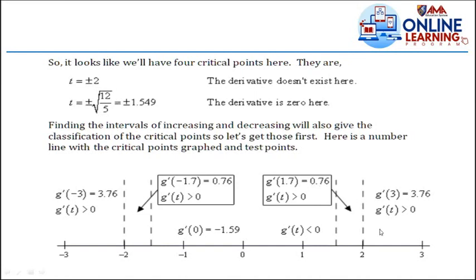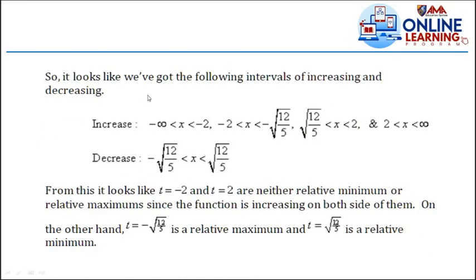Beyond that critical point, if g prime is equal to 3, our answer is 3.76. If g prime is equal to negative 3, it is also 3.76. So if we look at the values, they are all positive, no? Okay? So it looks like we got the following intervals for increasing and decreasing.